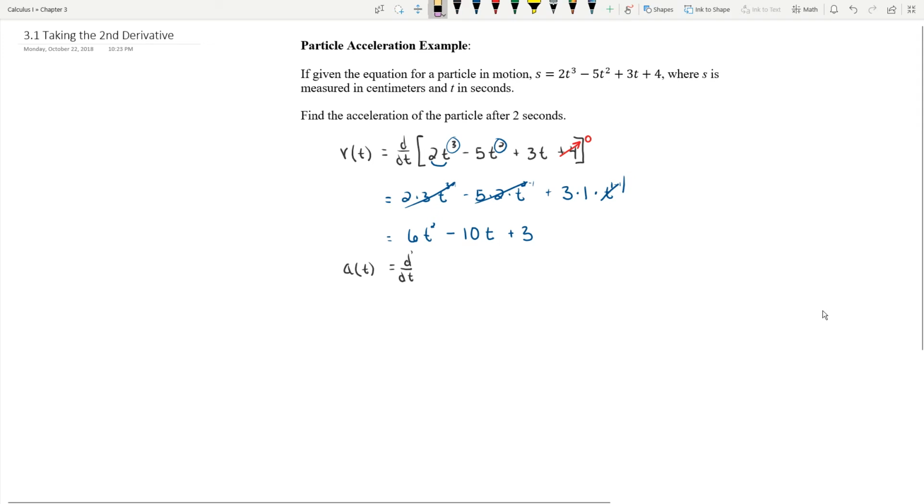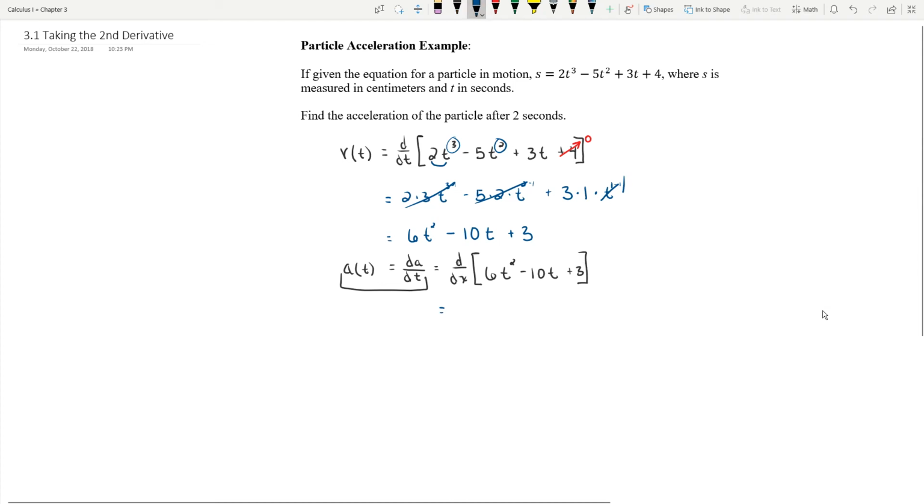I could rewrite this, and I should have in the first one, say derivative of velocity with respect to t. So these mean the same thing. And then we'll take the derivative with respect to t of 6t squared minus 10t plus 3.